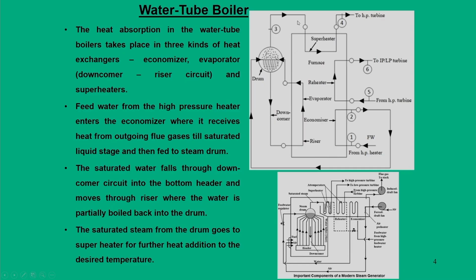From there it enters the superheater, and from the superheater it is fed directly to the turbine. The role of the superheater is to keep the dryness fraction as high as possible, so that there is no water content in the steam.